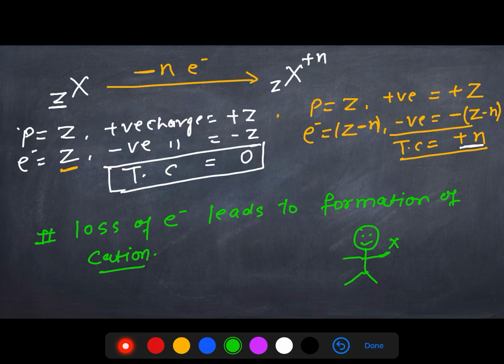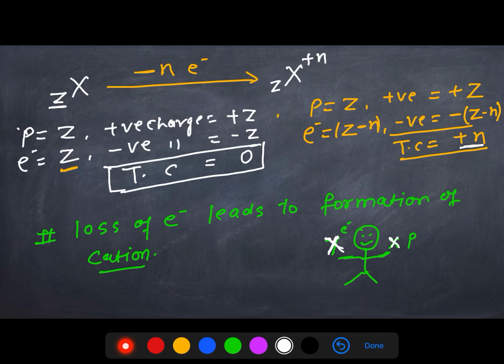This is the atom, right? It had some number of protons, suppose X number of protons, and some Y number of electrons, correct? If this atom is to be neutral, the number of electrons should be the same as the number of protons. We know that that is the case of neutrality for any atom.